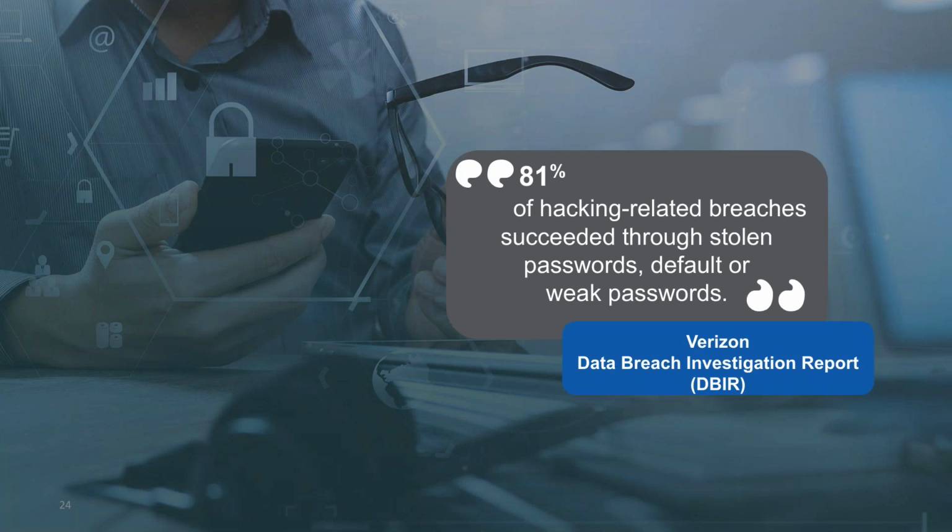The first is weak and default passwords. We have reports, as you can see here from the Verizon Data Breach Investigations Report, that show around 80% of all hacking-related breaches happen and are successful through stolen, default, or weak passwords.